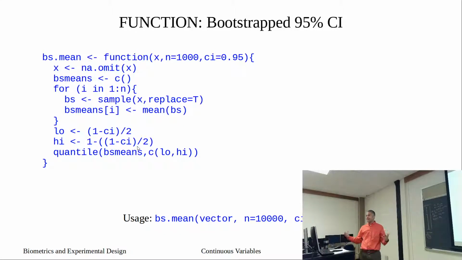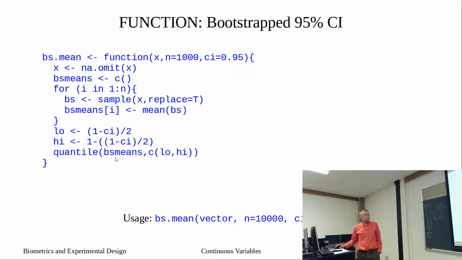If we wanted a 99% confidence interval, we would get 0.005 for the low and 0.995 for the high. This is just going to convert it for us, so that way you can change the confidence interval with this function. And then finally, it will output the quantile that we want. So the low and high value that we want.